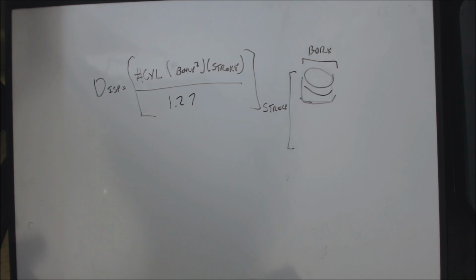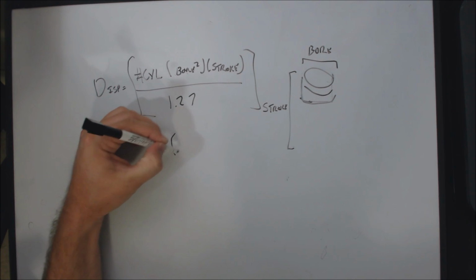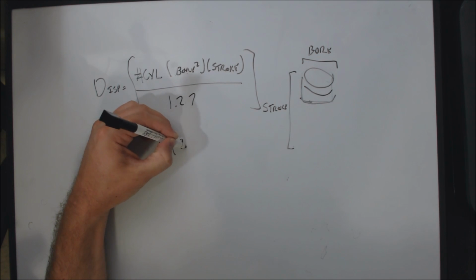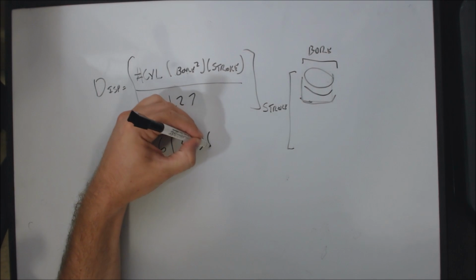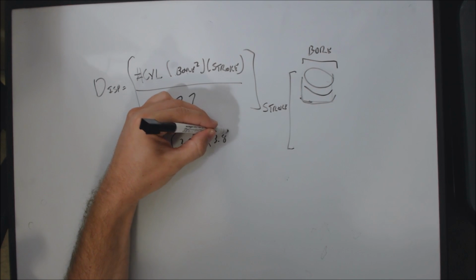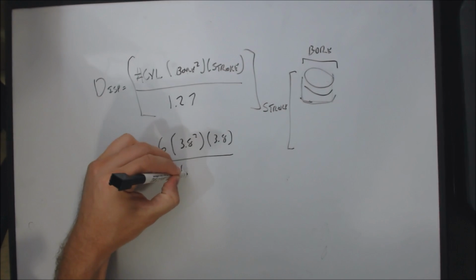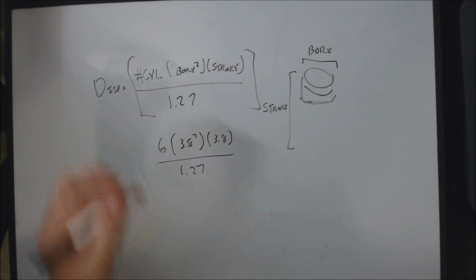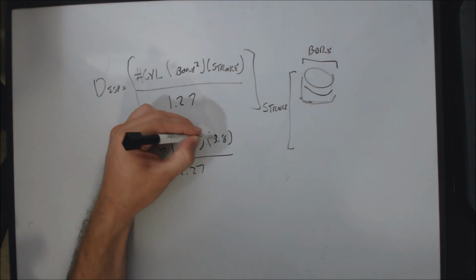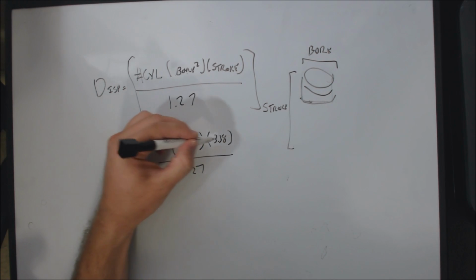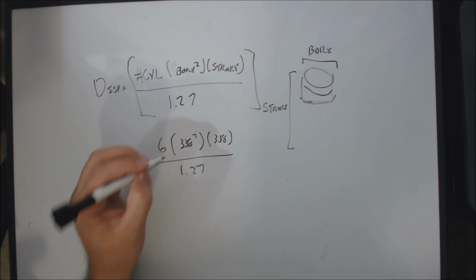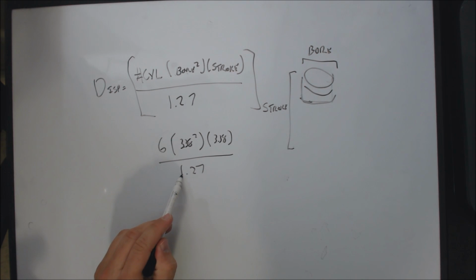In this case, I'll do this for a Supra 2JZ engine, and I'll say 6 cylinders times a bore of roughly 3.38 squared, times the stroke of also 3.38, divided by 1.27. This 1.27 is calibrated to be measured in inches, so you do not have to worry about your units, but you do have to worry that this is in inches.